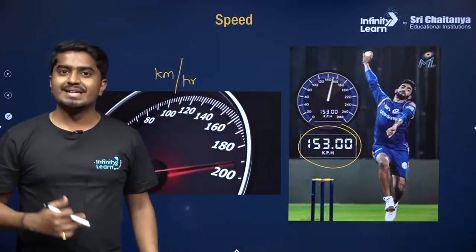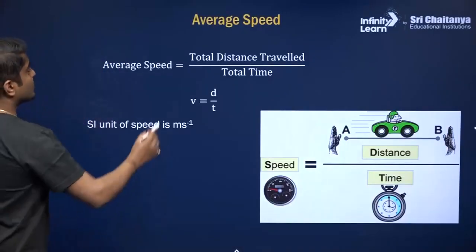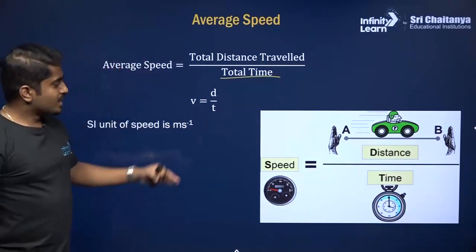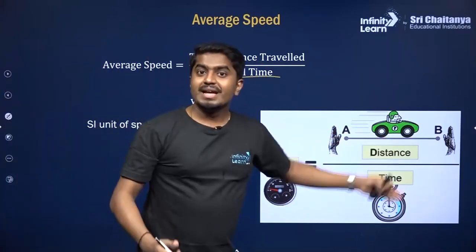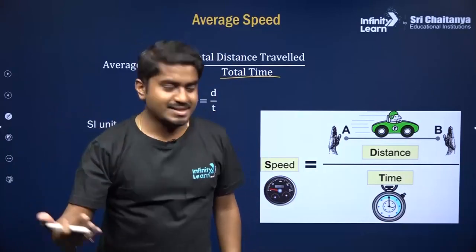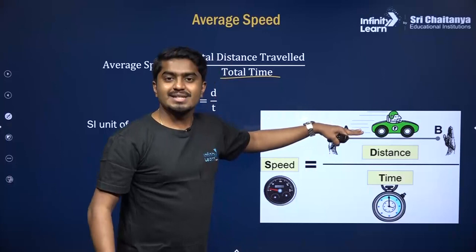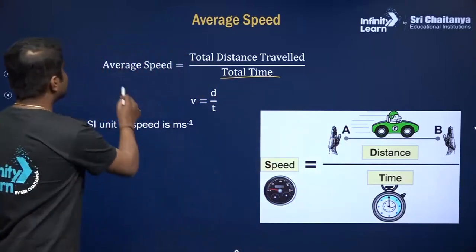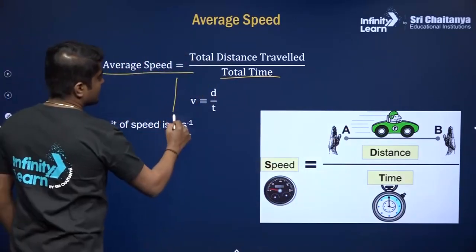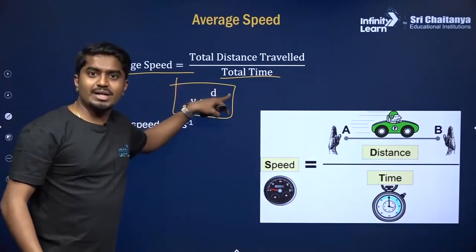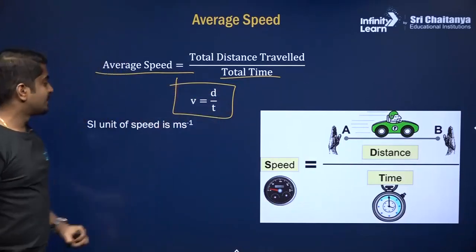But what is speed? Speed is nothing but the total distance traveled divided by total time. Whenever an object is moving, it will cover some distance. If you divide that by time, total distance by total time, you will get the average speed. So there is a formula. What is average speed? It is the total distance divided by total time.